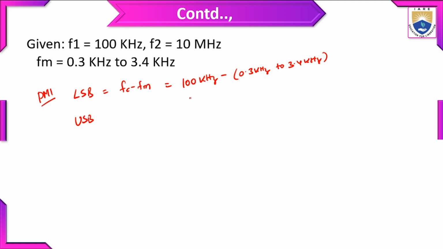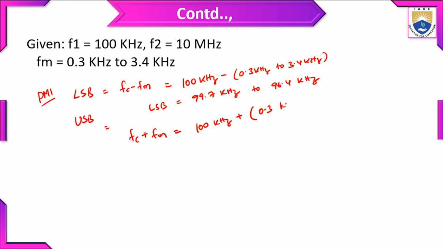The LSB is 99.7 kilohertz to 96.6 kilohertz. Now USB. USB is nothing but FC plus FM. What is FC again? 100 kilohertz plus what is FM?